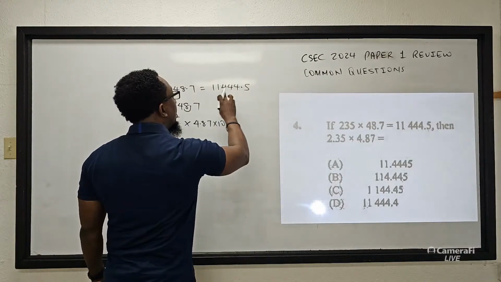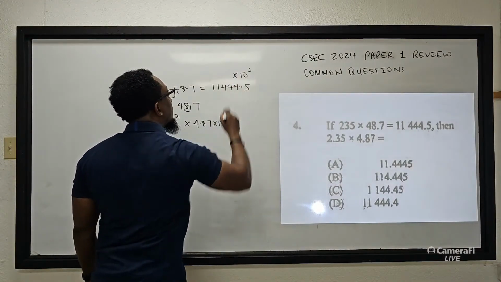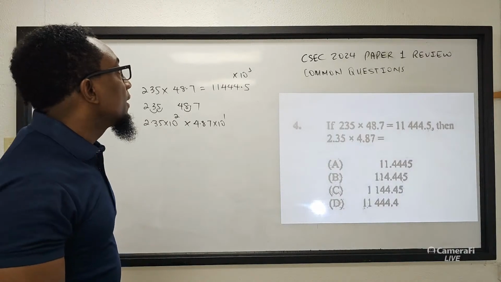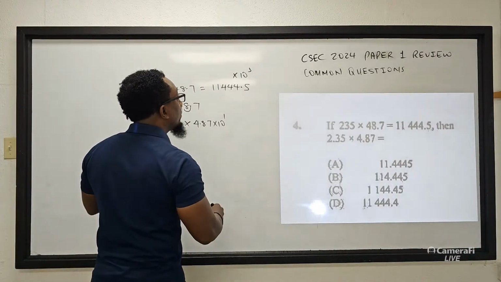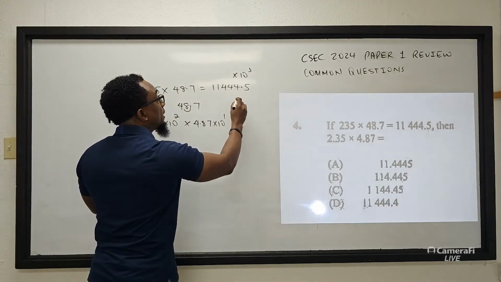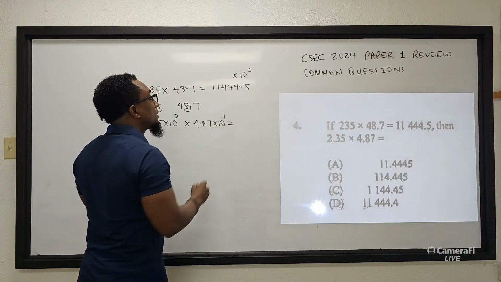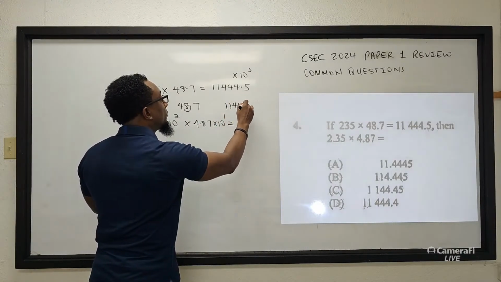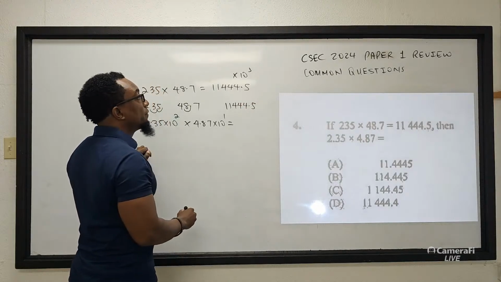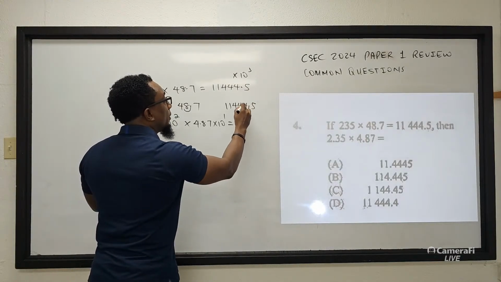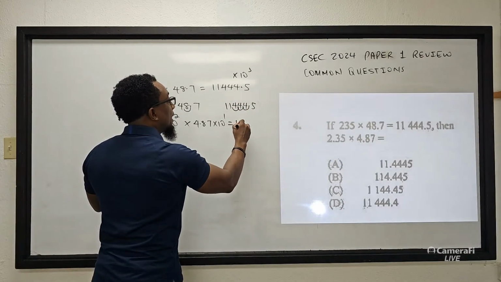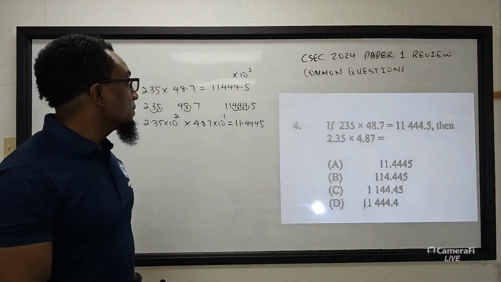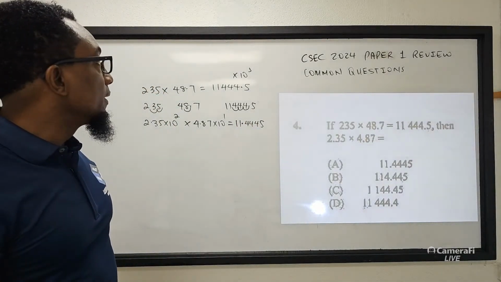So I'm going to multiply 11,444.5 by 10 to the power of 3, which means I'm going to move this decimal point 3 places to the left. 1, 2, 3. So I'm going to get 11.4445. The answer there will be A.